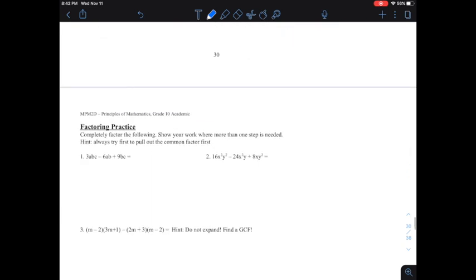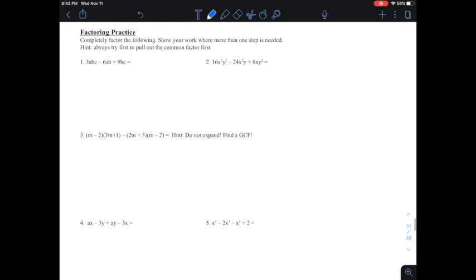Okay, so for example, let me do a couple with you. For the first one, I have 3 terms. I'm going to factor out a GCF, which is just 3. And I can see that this does not fall into any of the trinomials that we know, so I'm done. I'm going to do the same thing here.